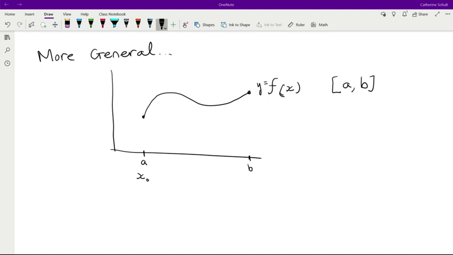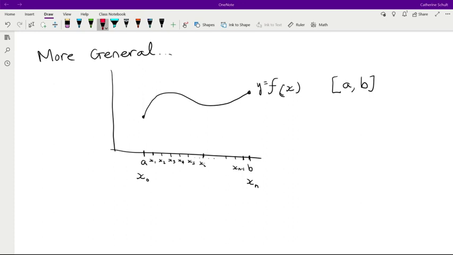So let's go from x0 to xn, and we're going to have n many rectangles in between. So this first point right here will be x1, then x2, x3, x4, x5, and then let's do in general. We can do xi in the middle, that will be the general. And then right before b will be x sub n minus 1. Okay, so we're going to have n many rectangles in here.